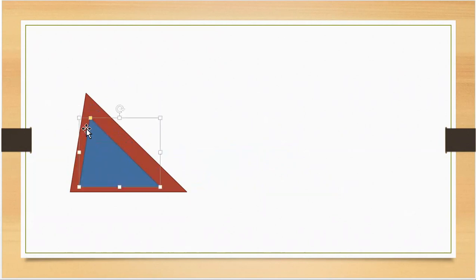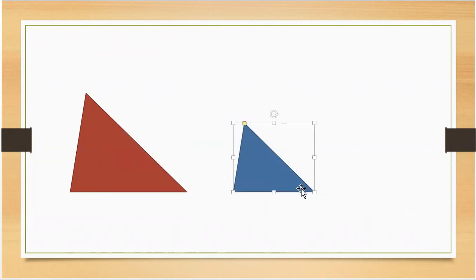If I try to coincide this first angle to this first angle, you will see that it matches. Then let us coincide the second corner to the second corner, and the third corner with the third corner of the blue color triangle, and it coincides perfectly. So from these two figures, what do we observe? These two figures are similar, but they are not congruent.